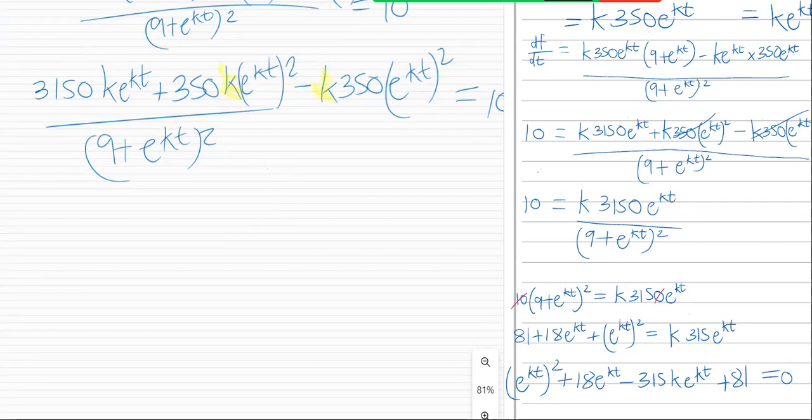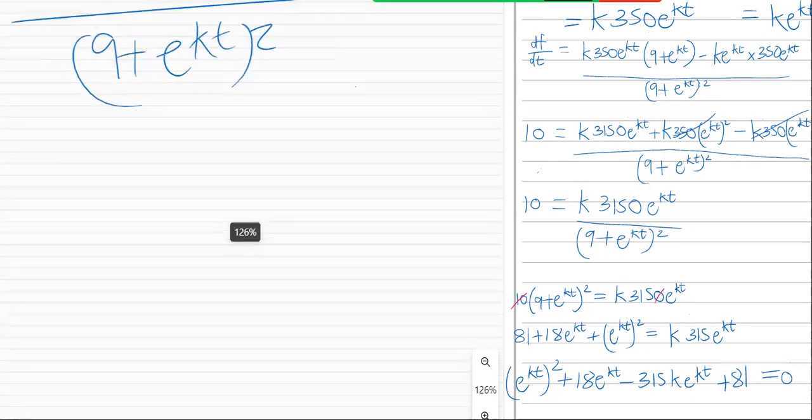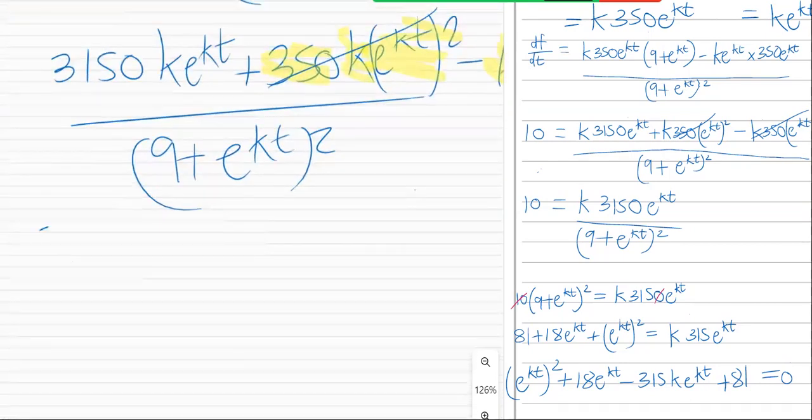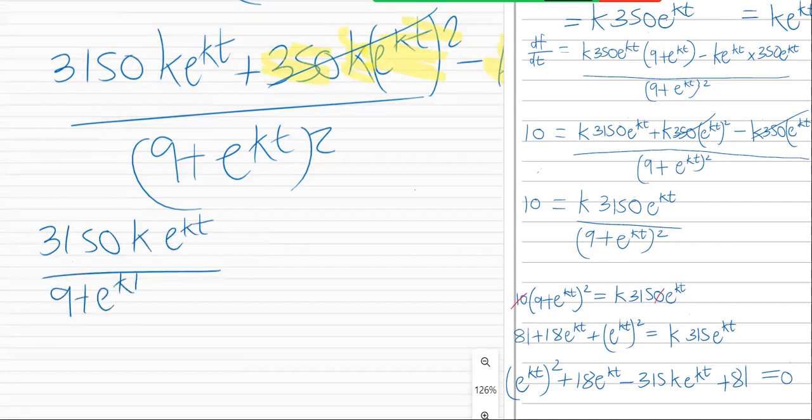So k and k, exactly the same. 350 and 350, exactly the same. e^(kt) squared and e^(kt) squared, exactly the same. So those effectively are gone. So what's left over is 3150 k e^(kt) over 9 plus e^(kt) squared equal to 10.